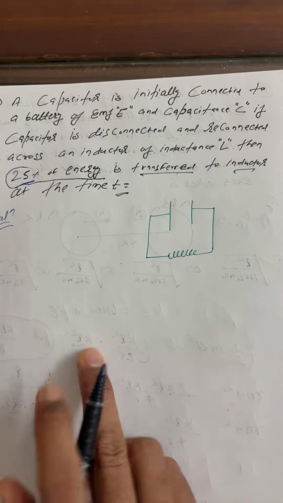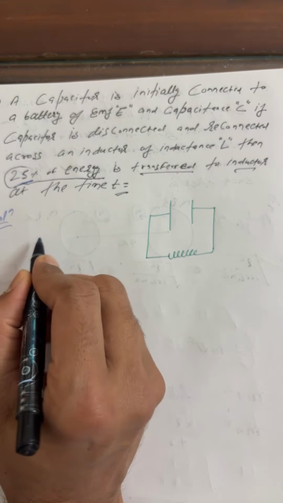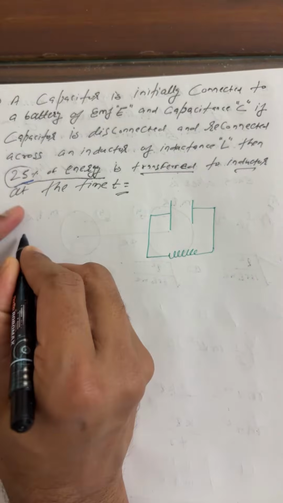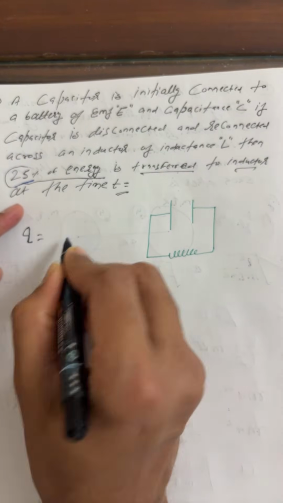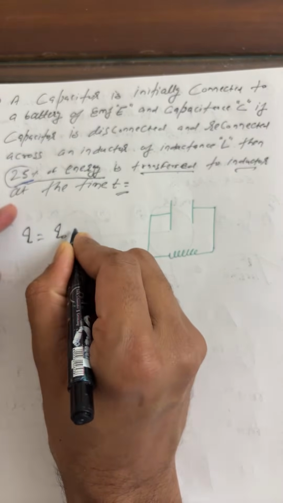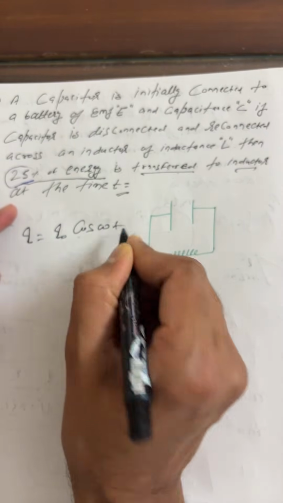Now, students, I'm giving you one result, charge as a function of time t. This is the result from alternating current. Q is equal to Q naught cos omega t.